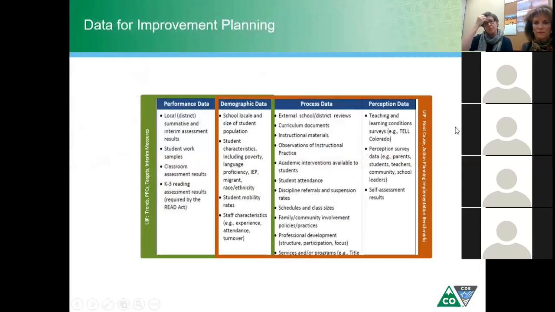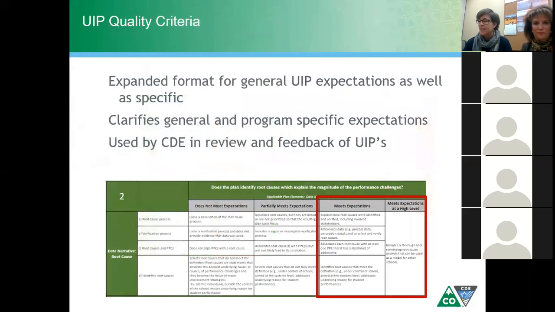The next piece that we want to share with you in terms of fundamentals is the quality criteria. Even yesterday, I was having a conversation with some district folks, and surprised, not surprised, to find, actually, again, it was a small group, but folks in the room were not aware that the quality criteria exists.